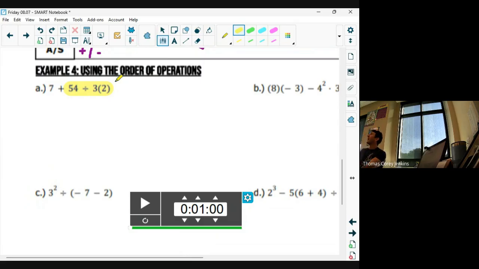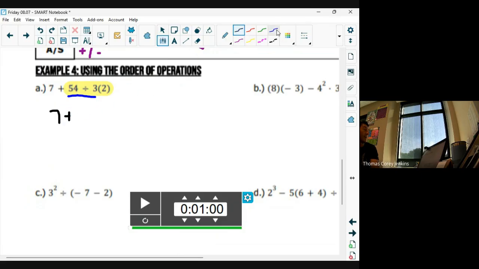If you just go with PEMDAS, it says M before D. But when they're together, you're actually going to work from left to right. So in this case, what we're going to do first, and you can circle it or underline it however you want to show it, is actually 54 divided by 3. Go ahead and type in 54 divided by 3.